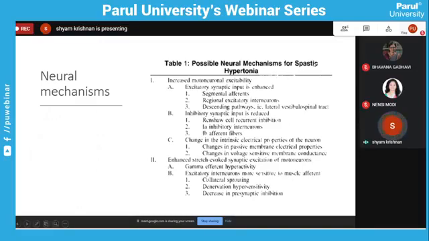We said that these are, in detail, increased motor neuronal excitability. What could the reasons be? Excitatory synaptic input is enhanced. It can be because of segmental afferents, the 1A and 2 fibers, and the excitatory interneurons.